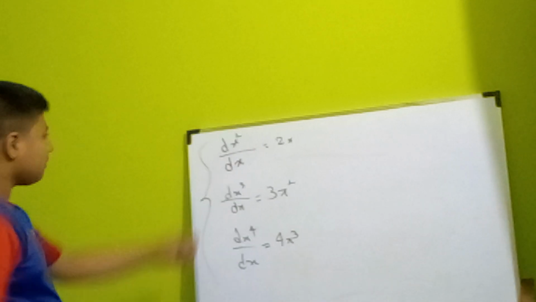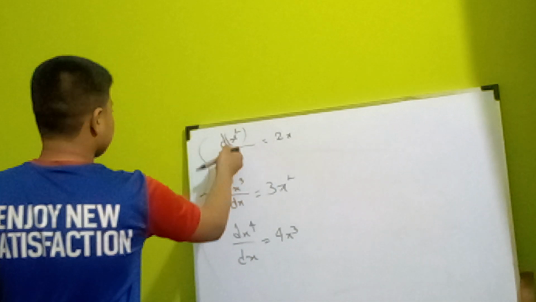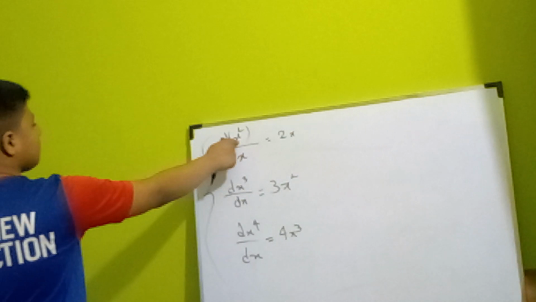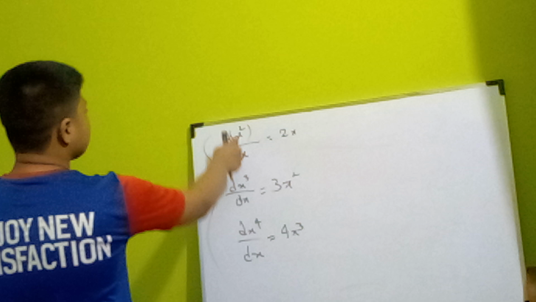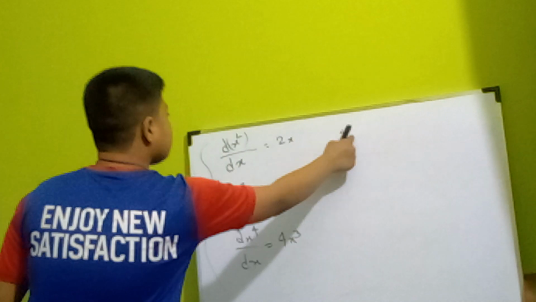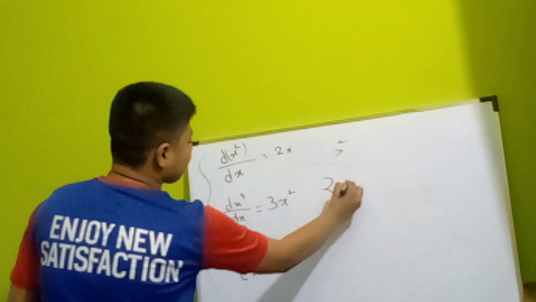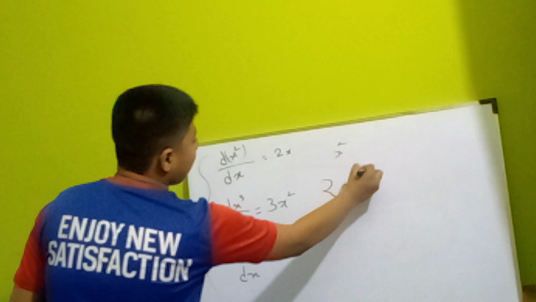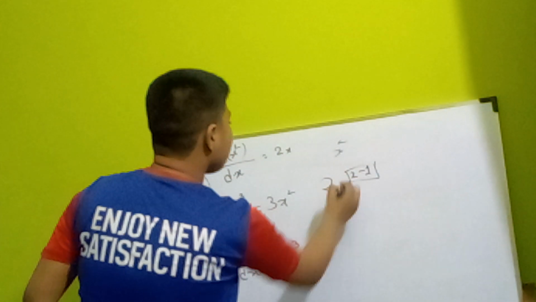You see the pattern? If we find the derivative of a function with a power, in x squared, this 2 comes down here, and this 2 gets subtracted by 1.